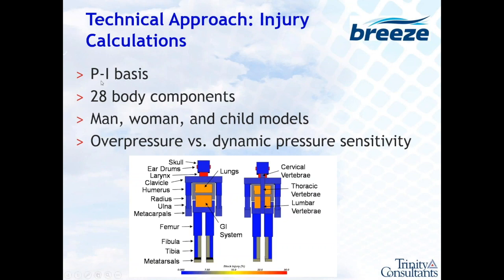And so again, it's done on a pressure impulse diagram basis, so it accounts for things like the fact that an eardrum is more sensitive to overpressure, while long bone injuries like broken legs and broken arms are caused more by impulse than they are by pressure.